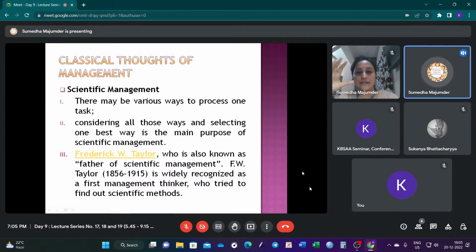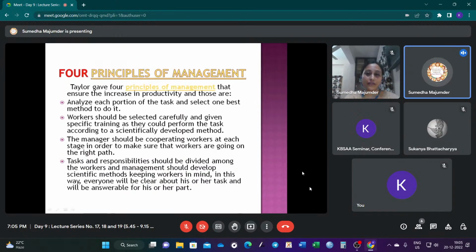So F.W. Taylor developed this concept, scientific thoughts of management. Based on his contribution, we have four basic principles, and these four basic principles are also very, very important from our exam point of view.